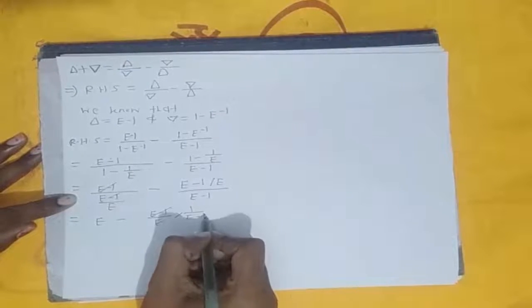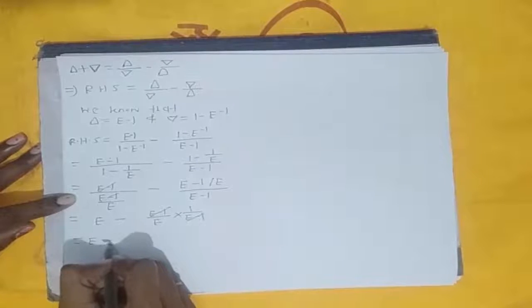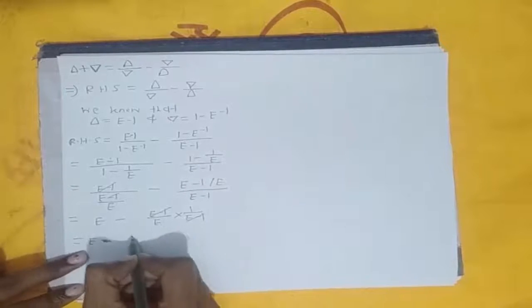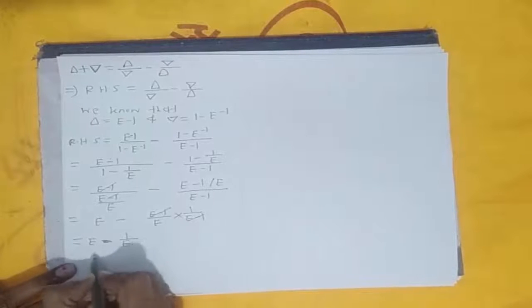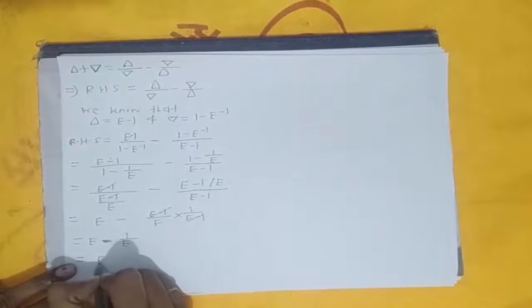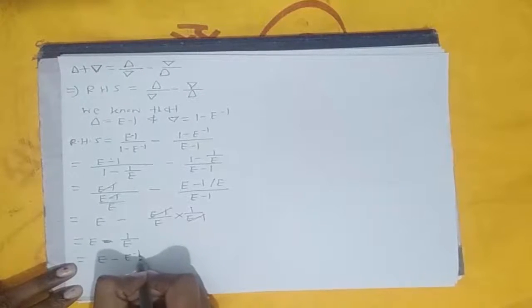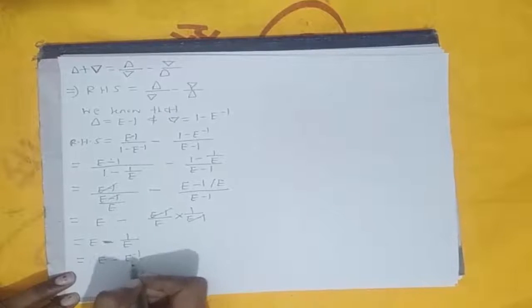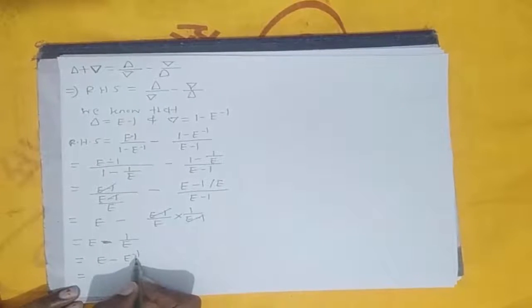So this E minus 1 gets cancelled, we get E minus 1 upon E. Then again we write this 1 by E as E inverse. So we get E minus E inverse.